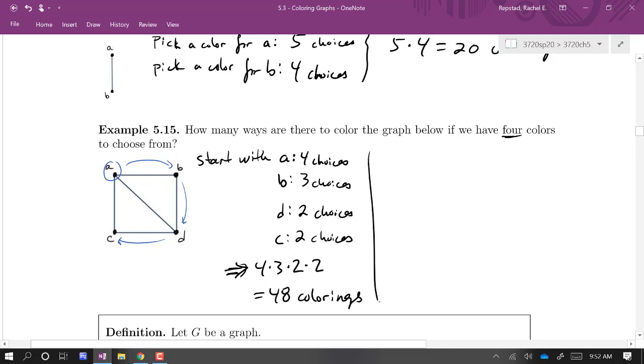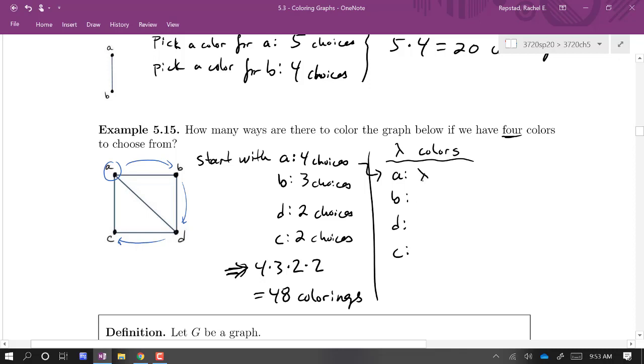Now, if I'm going to change this slightly and say maybe I'm not going to tell you exactly how many colors we have to choose from, and instead I'm going to say whatever that number of colors that I have to work with is lambda. So we have lambda colors available. Then if I go through the same process, right, how many choices for these, and I'm going in the same order.